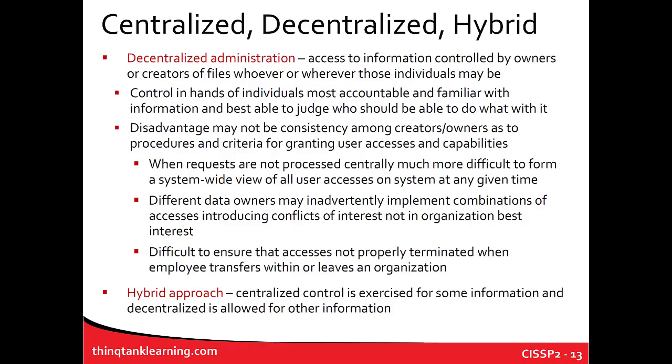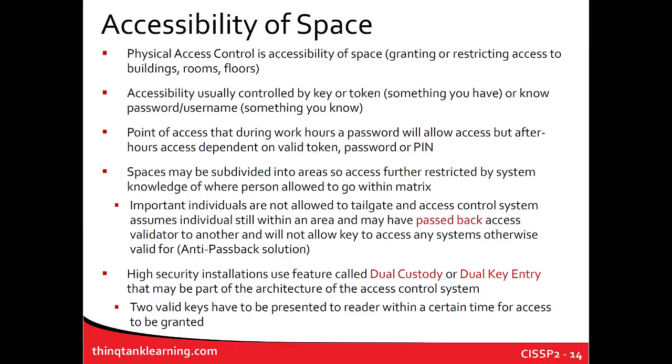In a hybrid model, the security team would centrally manage identity and access management for sensitive systems like financial systems or HR systems, but the product teams would handle access to their own environment with their own policy constraints. Does that make sense? So a lot of organizations develop that hybrid model.